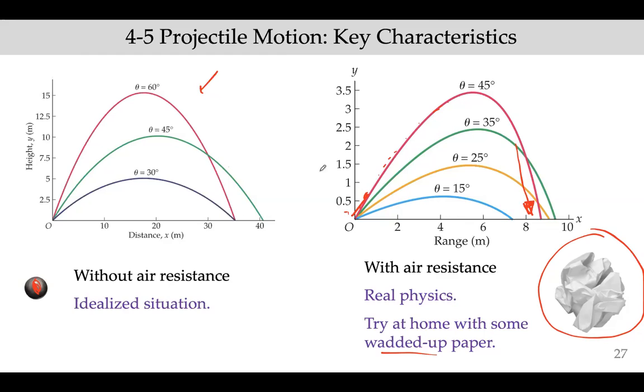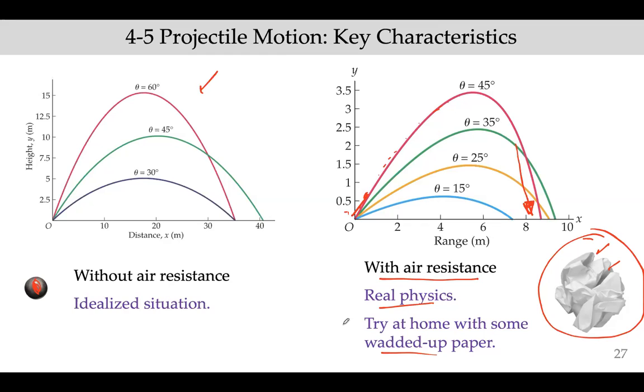So this is real life when you have air resistance, and if the object is light and its shape is not concentrated, not squeezed, a lot of air will go in, and it will feel a lot of air resistance. This is real physics, which you can try at home.